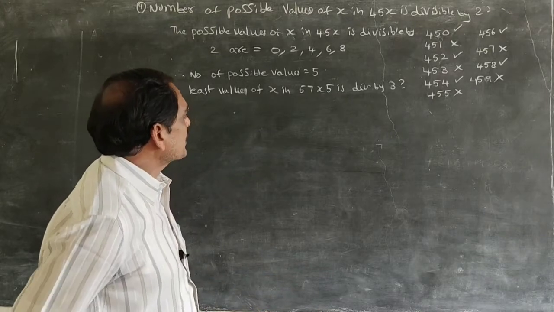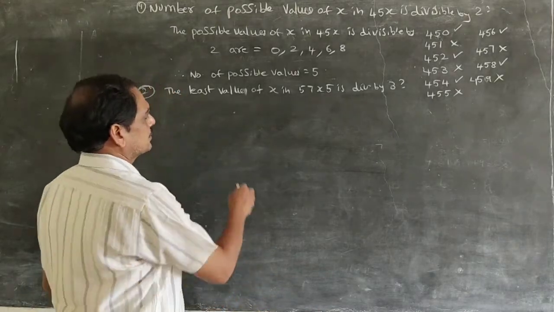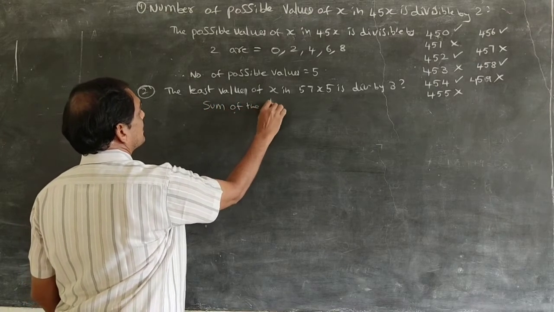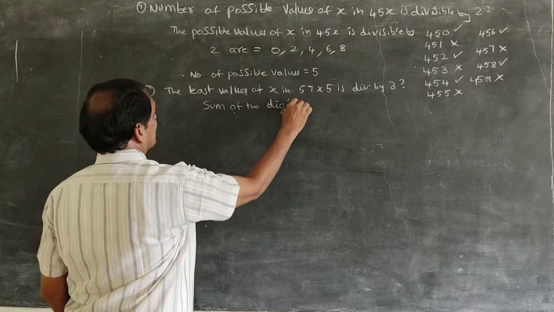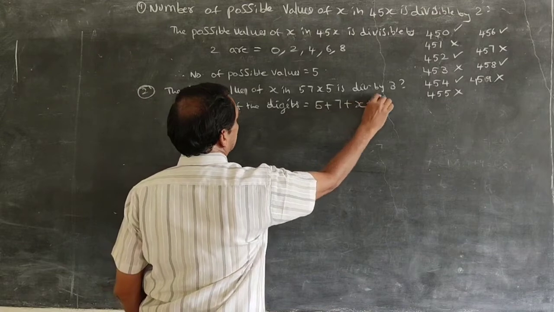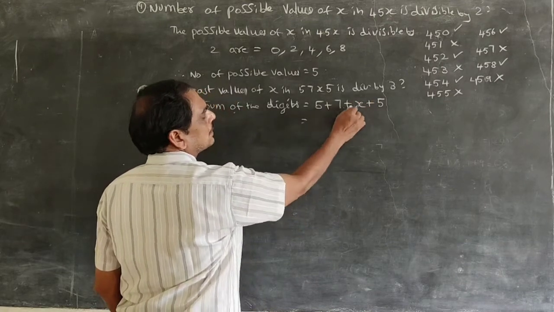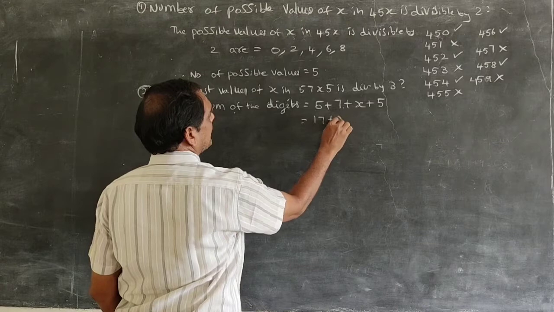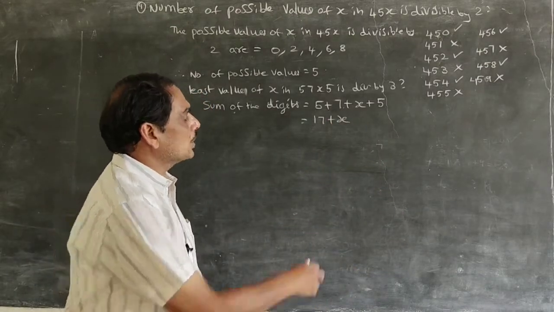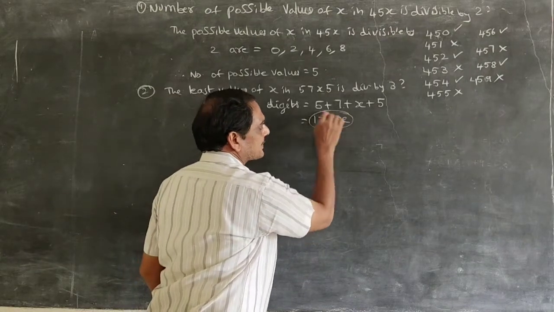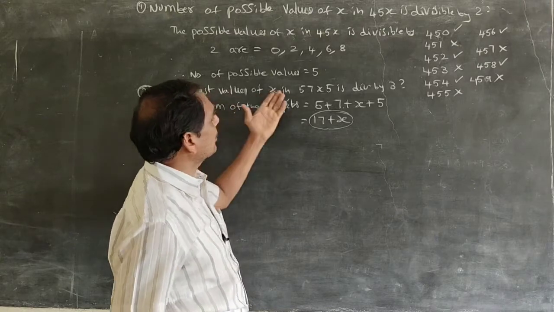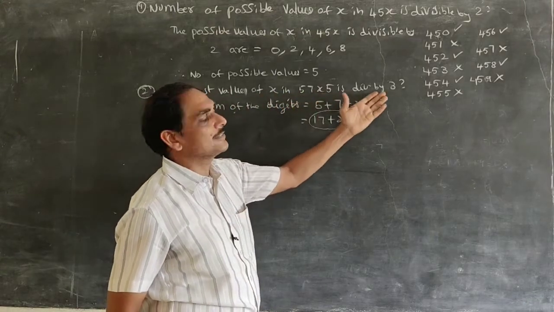So, first we have to add these digits. Sum of the digits is equal to 5 plus 7 plus x plus 5, that is 12 plus 5 is 17 plus x. So, now we have to find the least value of x for which 17 plus x is divisible by 3. Then the required answer is the least value of x in 57x5 divisible by 3.